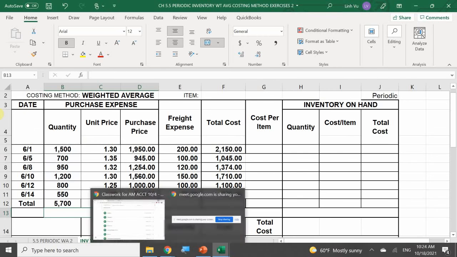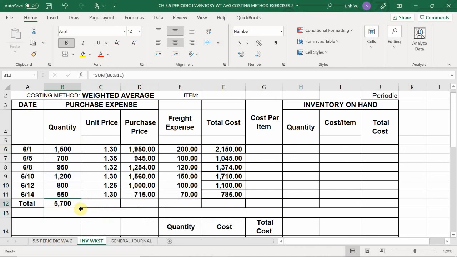5,700. 5,700, okay? What was my total purchase price? 7,424. 7,424, okay?